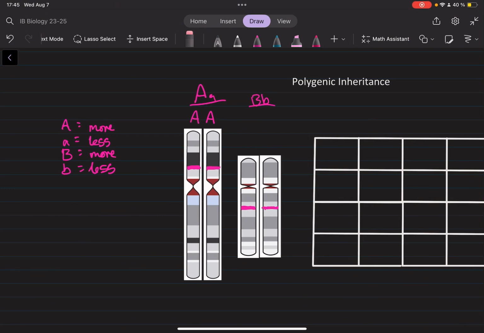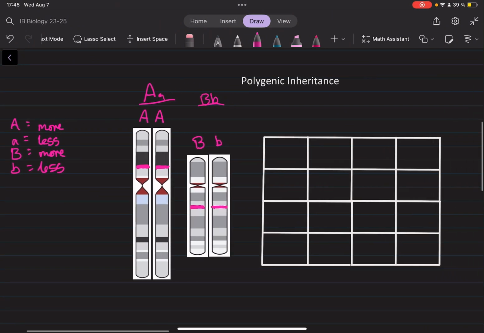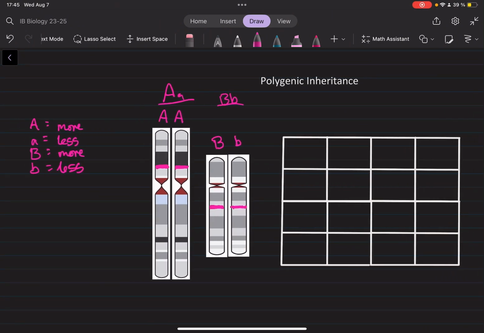But let's say we took this chromosome away, it would be 100% yes, we need more melanin. But it gets even more complicated when you're talking about inheriting it, because it gives more options to what that child might inherit.